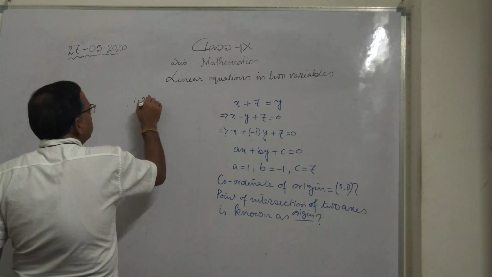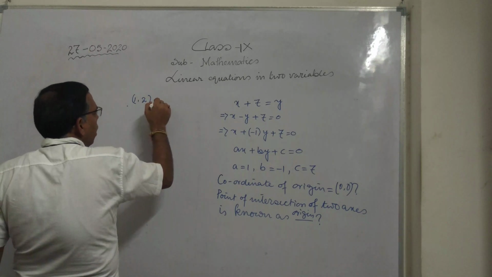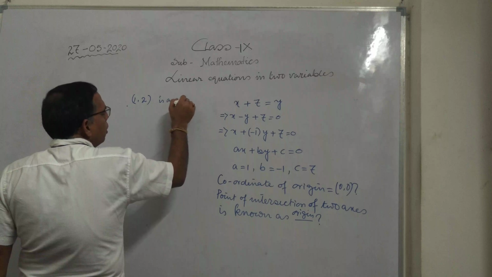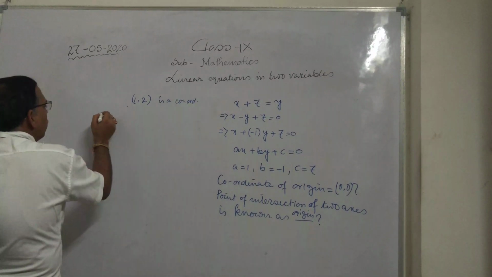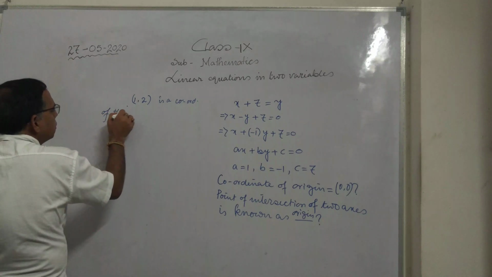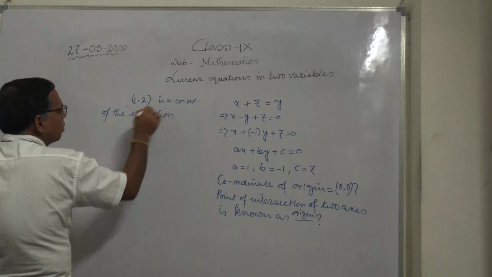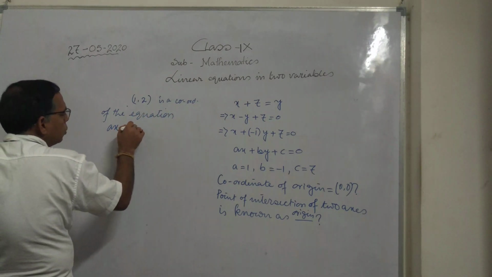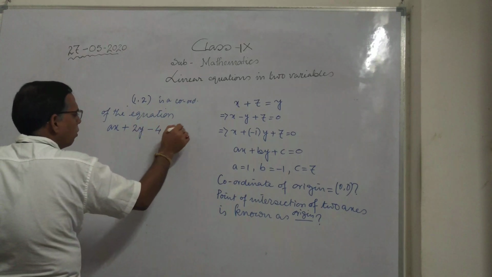Okay. Now next, 1, 2 is a coordinate of the equation ax plus twice y minus 4 equal to 0.